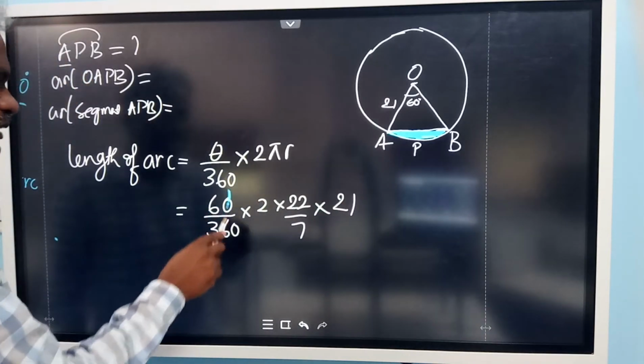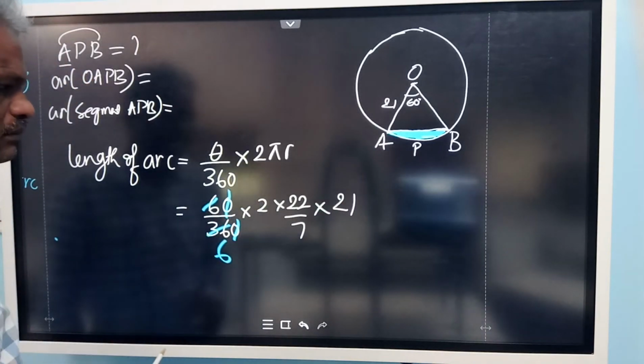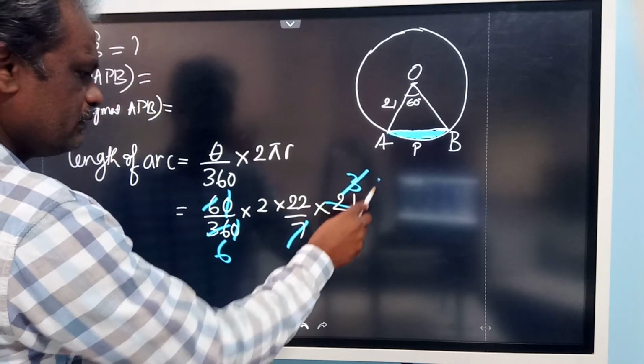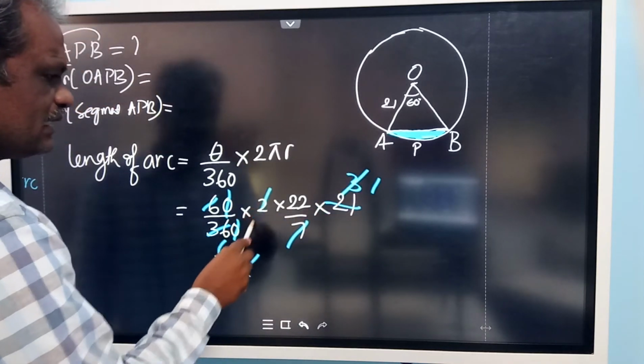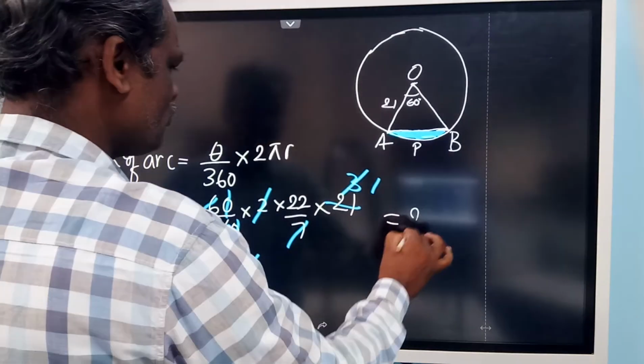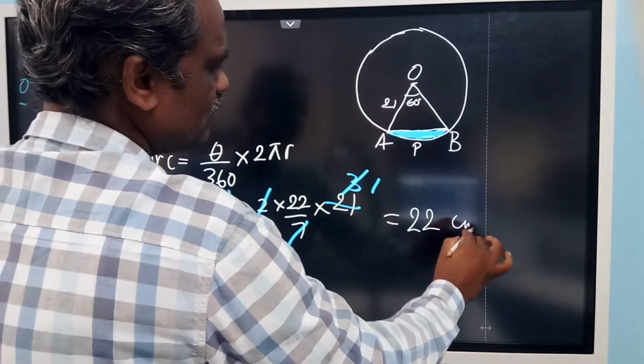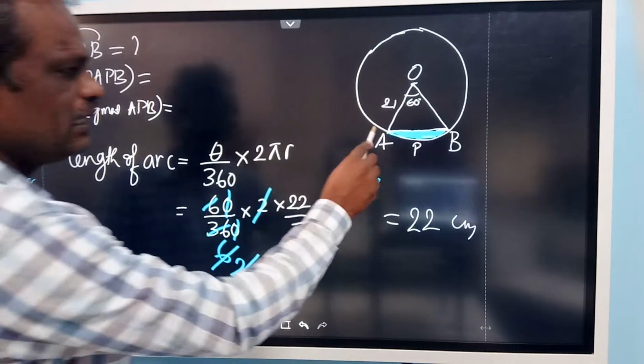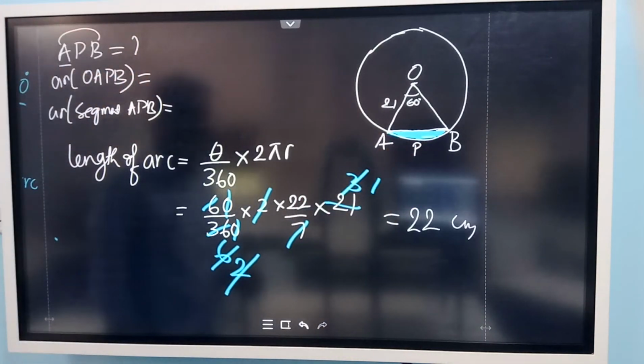Simplify: 0 0 cancel, 6 ones are 6, 6 7 ones are 7, 3s are 3, ones are 3, 2s are 2, 1 2 cancels. So your answer is 22 centimeter. The length of this arc APB is 22 centimeter.